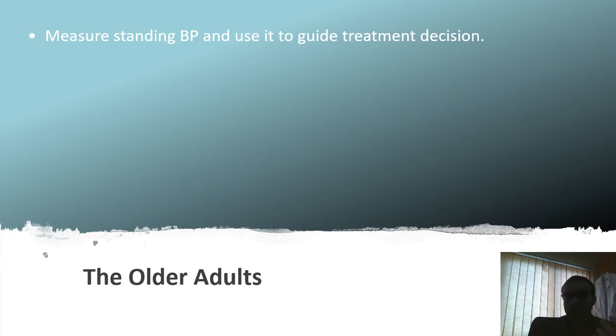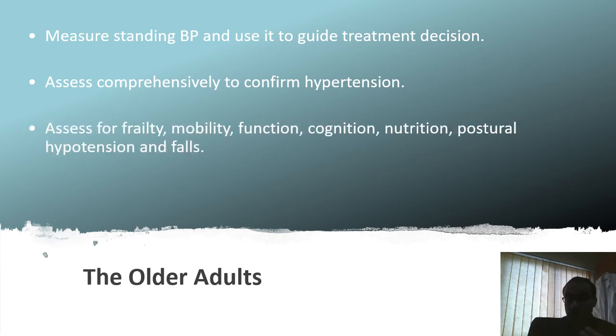What about the elderly, the older adults? As we mentioned, I think we have some highlights in the previous slides, but we will do close follow-up and monitoring for this patient population.